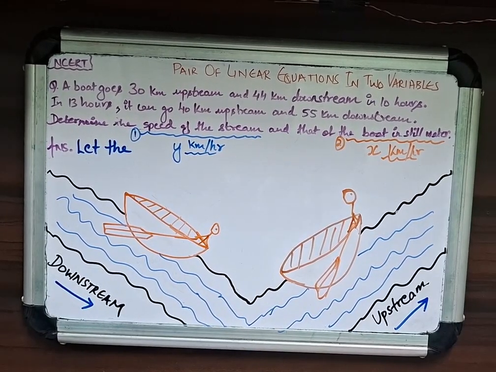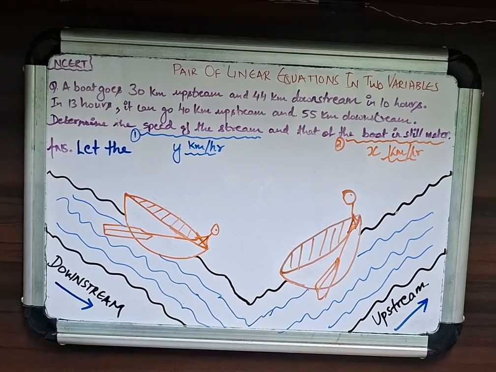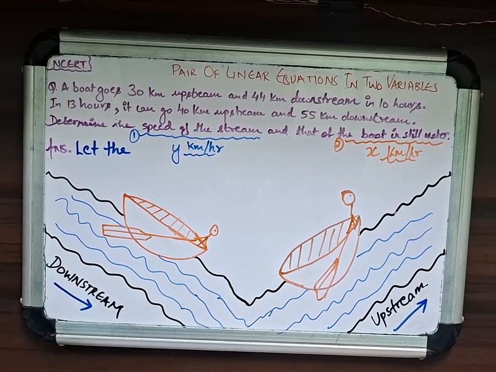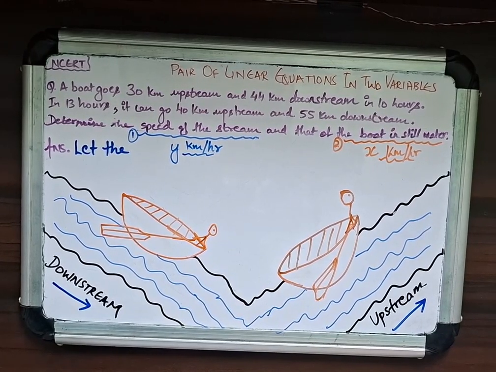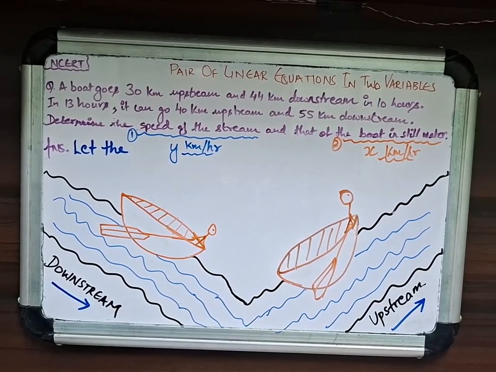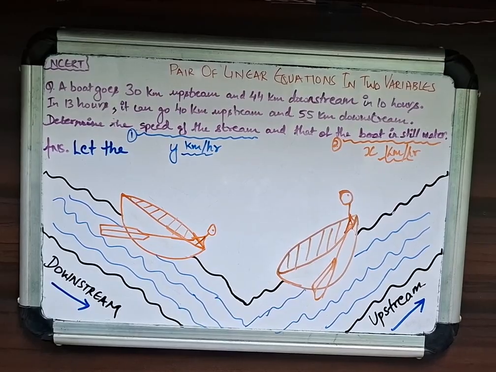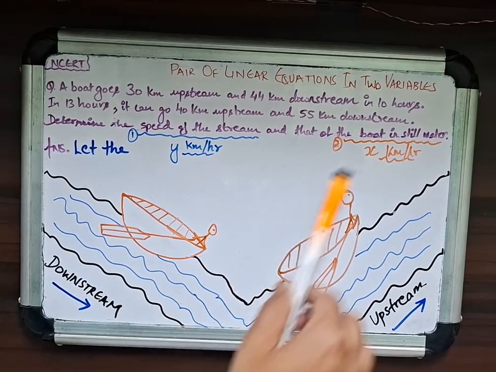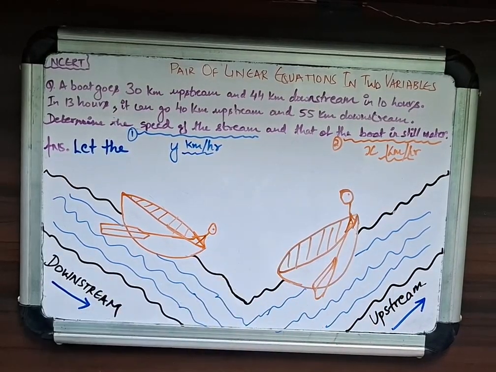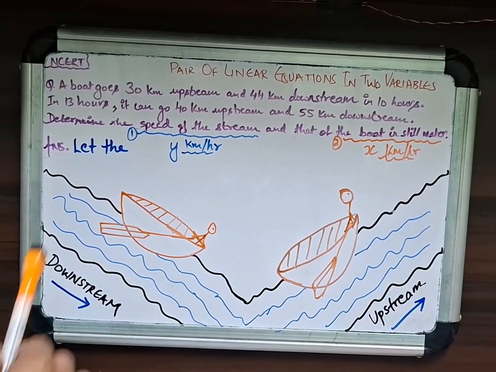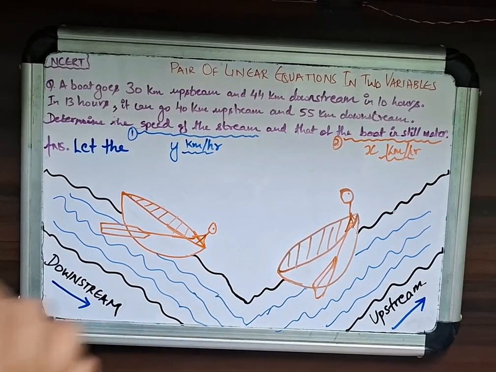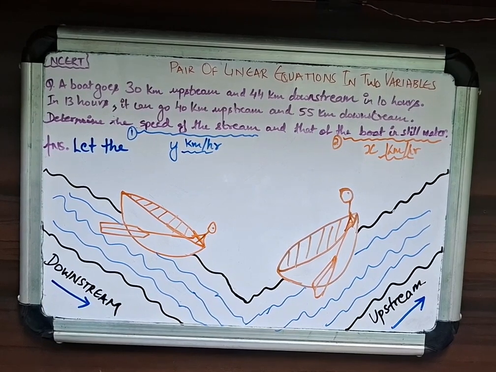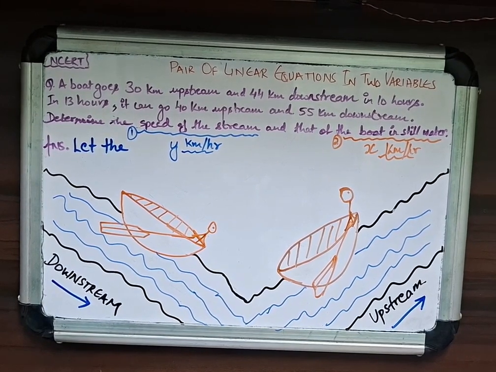Next, let us understand the dynamics of a boat moving on a stream of water. Two components come into play when a boat moves on a stream of water. First is the speed of the boat in still water, and second is the speed of the stream. And how does this affect the overall speed of the boat?